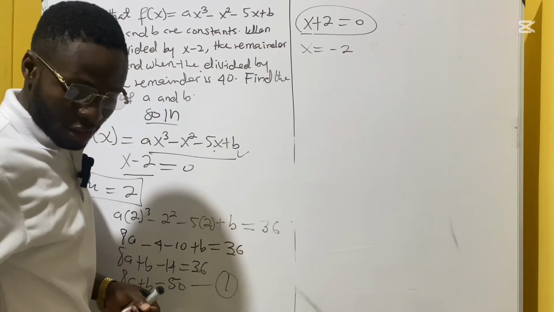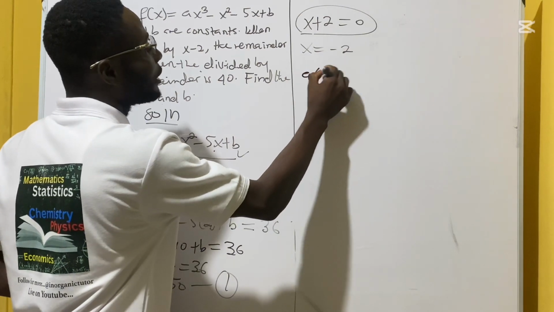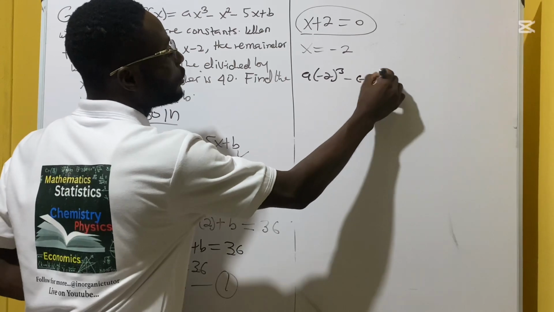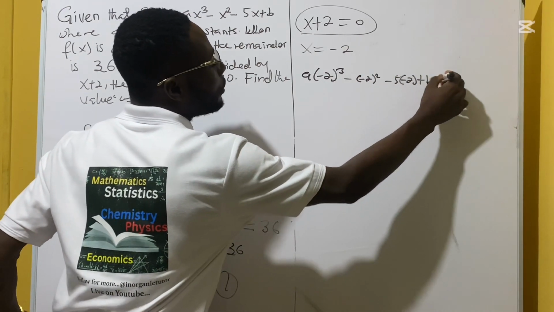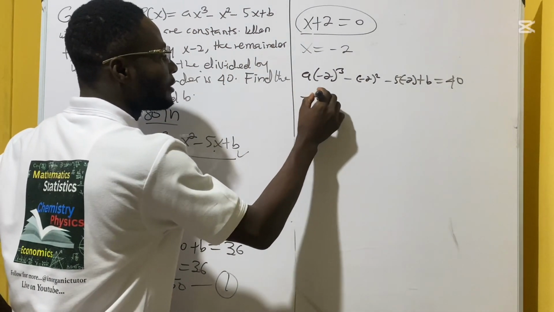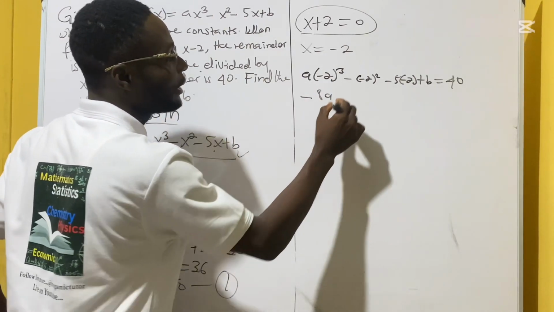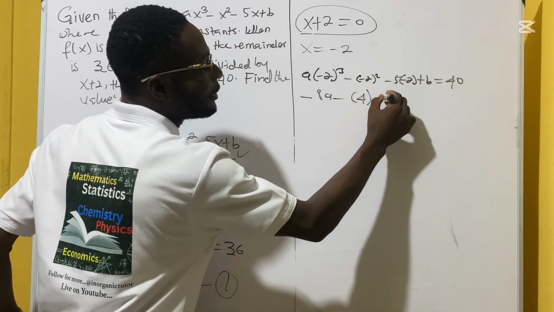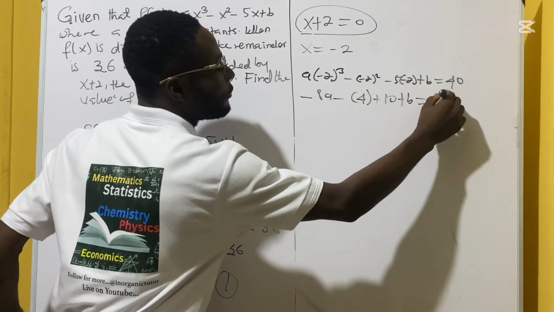That is going to give us a times negative 2 cubed minus 2 squared minus 5 times negative 2 plus b equals the remainder, which is 40. We simplify this. Negative 2 cubed becomes negative 8. So negative 8a minus 4, and minus 5 times negative 2 becomes plus 10, plus b equals 40.